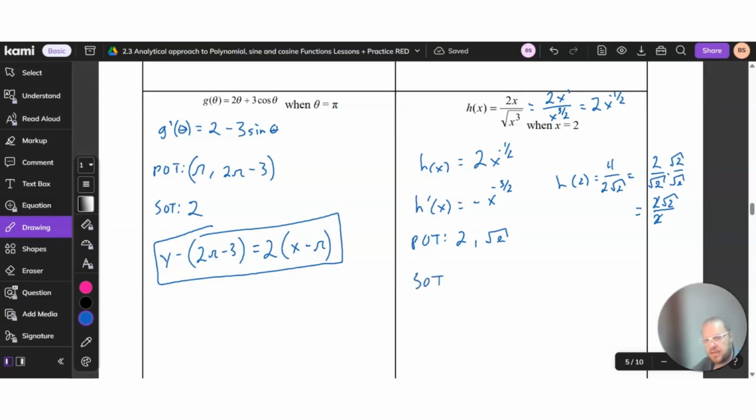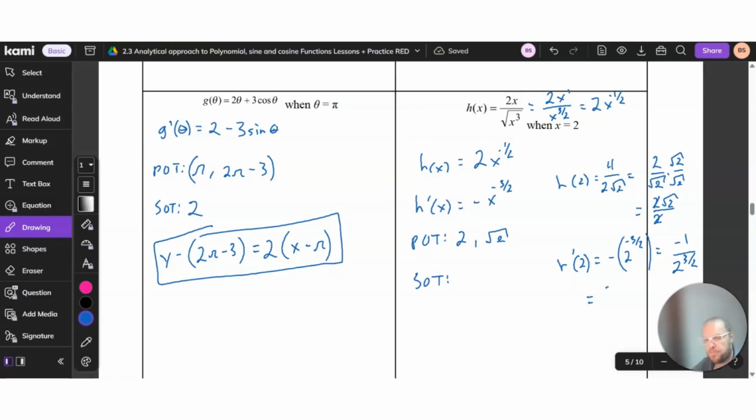All right, now our SOT, let's hope it's a little bit easier. So now we're plugging it into our derivative, so this guy. So that's h prime of 2, which is going to be negative 2 to the -3/2. It's probably easier if you think of this as -1 over 2 to the 3/2. So 2 cubed is 8, square rooted is kind of exactly what we got before, actually.